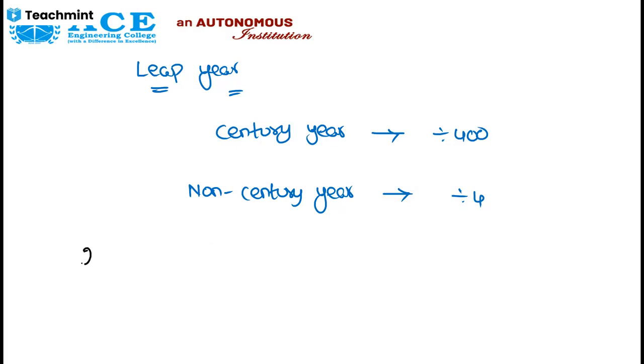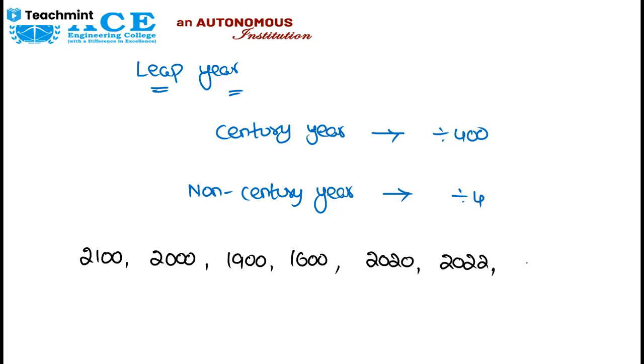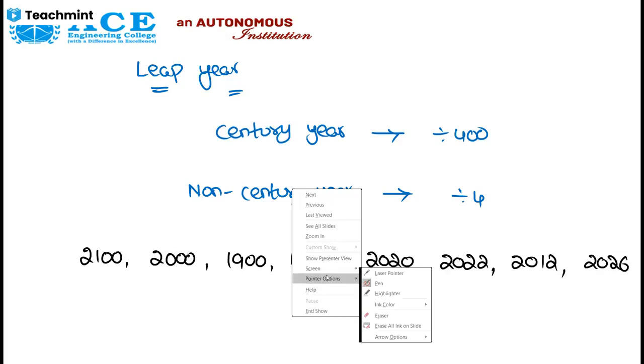For example, 2100, 2000, 1900, 1600, 2020, 2022, 2012, 2026.